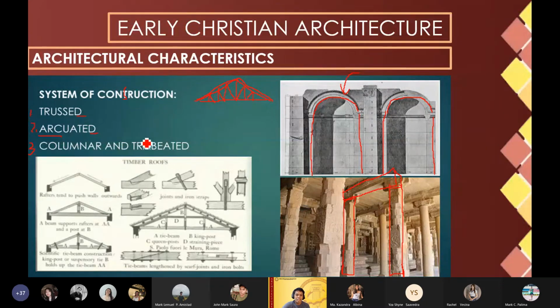Columnar and trabeated, the post and lintel, we still always use nowadays.